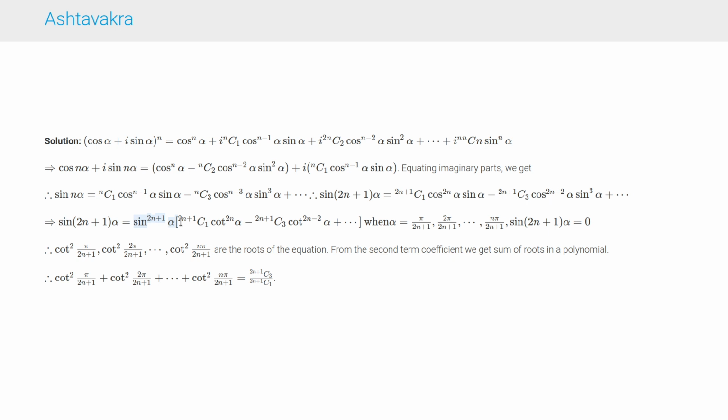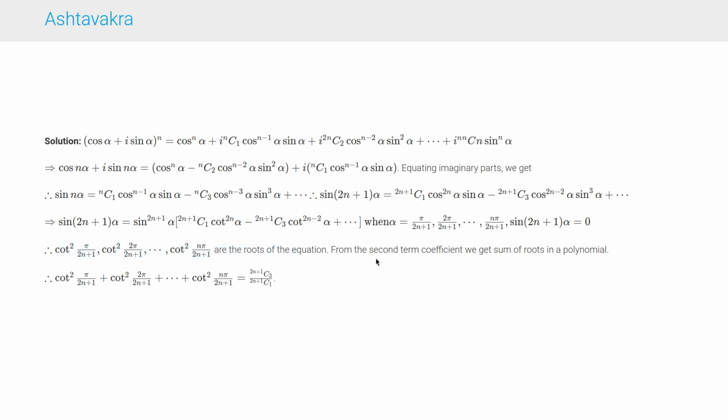So our terms inside the bracket become 2n plus 1 c1 cot to the power 2n alpha minus 2n plus 1 c3 cot to the power 2n minus 2 alpha plus so on, where alpha is pi by 2n plus 1, 2 pi by 2n plus 1 and so on. So sin 2n plus 1 alpha is equal to 0. Therefore, these are the roots of the equation.